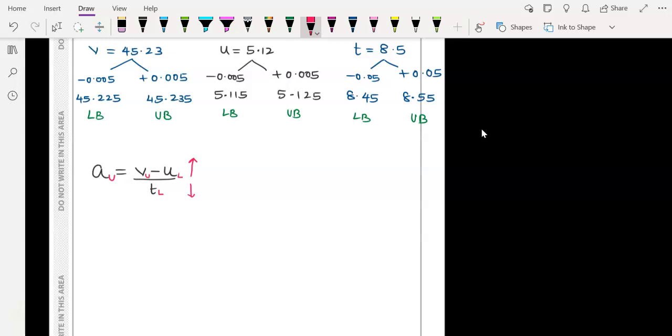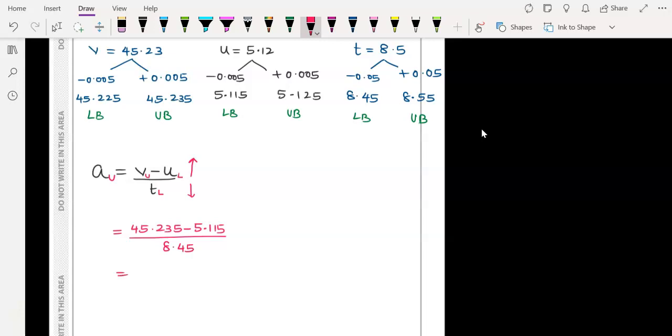Now let's put in the values. The upper bound for V is 45.235. The lower bound for U is 5.115, and for T the lower bound is 8.45.